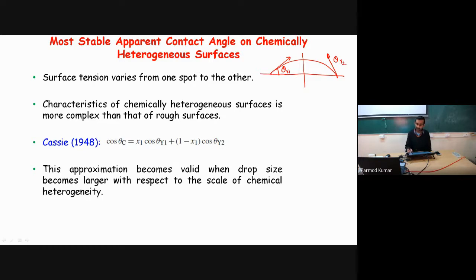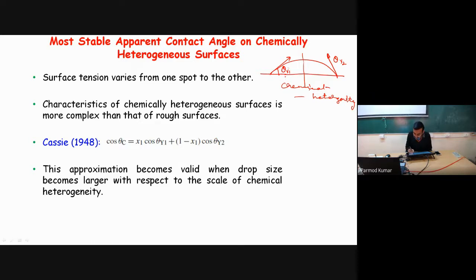This type of different behavior comes because of chemical heterogeneity, or other issues, say because of dust, where some part of the surface is exposed to dust and some part is clean. Because of that also we may have different contact angles in different portions.